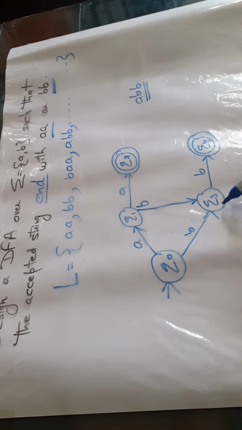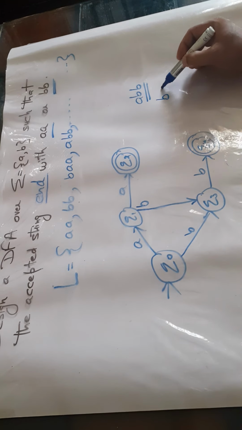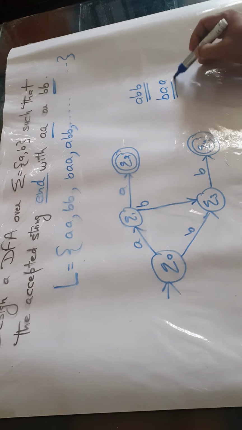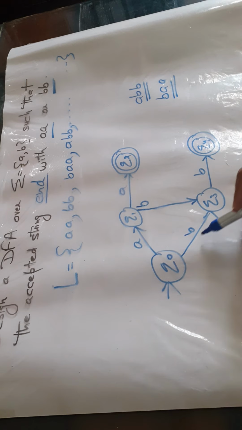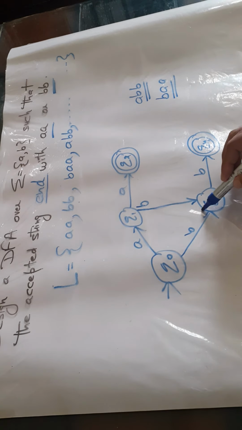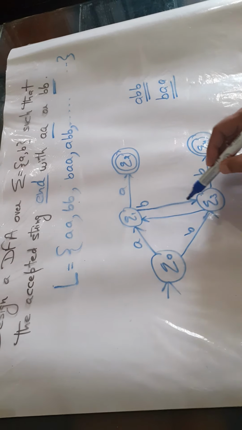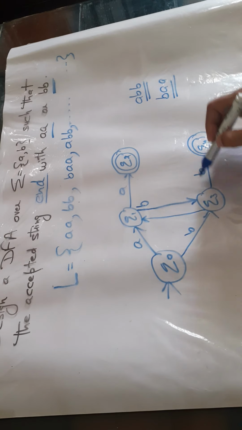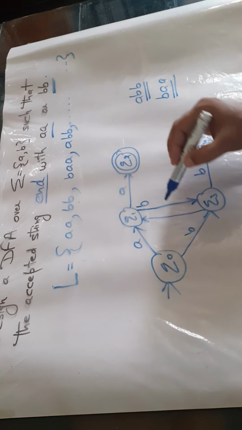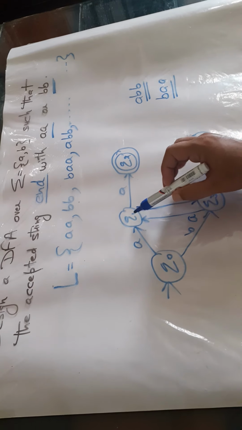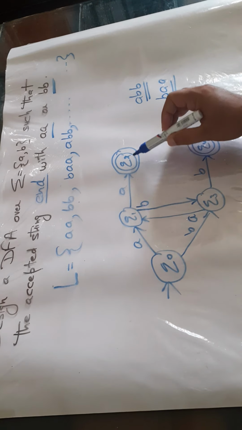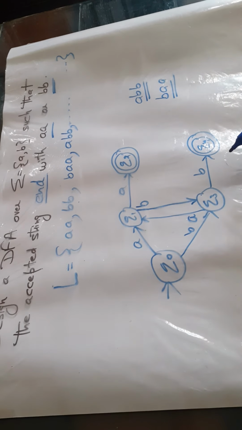Similarly, after B, if we have a string like BAA, as per the condition, this is also going to be accepted. So first B, and we can change from this branch to this branch, because after getting B then A, we are able to get another A and the final state.